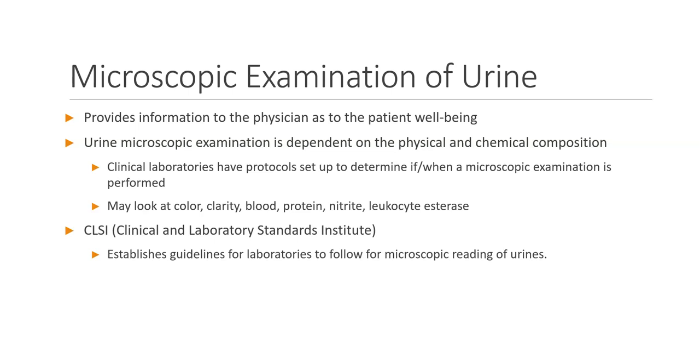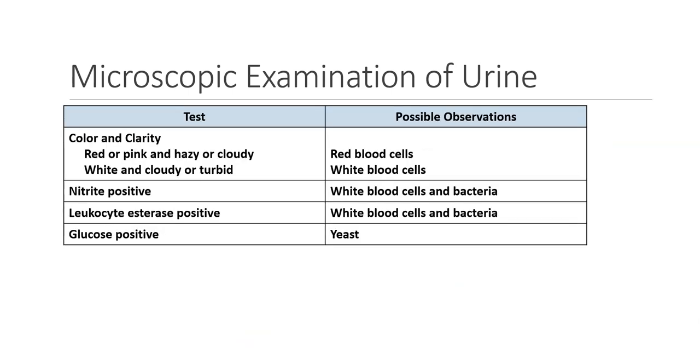The criteria for when to perform a urine microscopic will vary slightly from hospital to hospital, and that's dependent upon the pathologist. This is some of the examples of correlation between the physical and chemical results of a urinalysis and the microscopic elements seen. Please review the correlations on this slide between the tests and the possible observations.